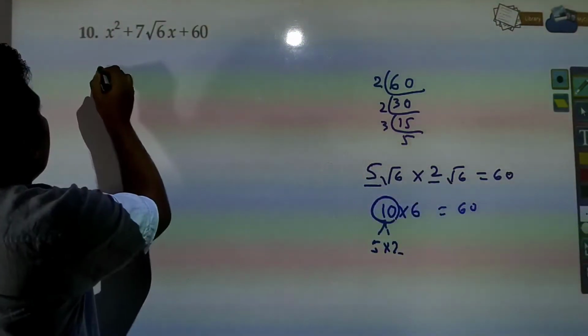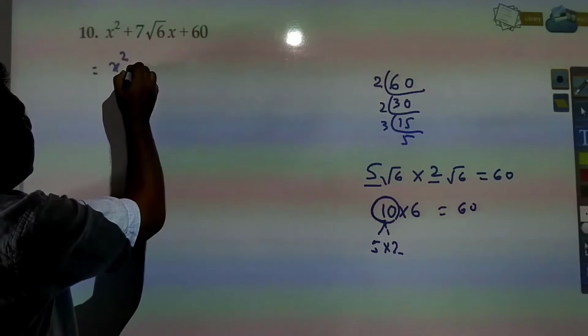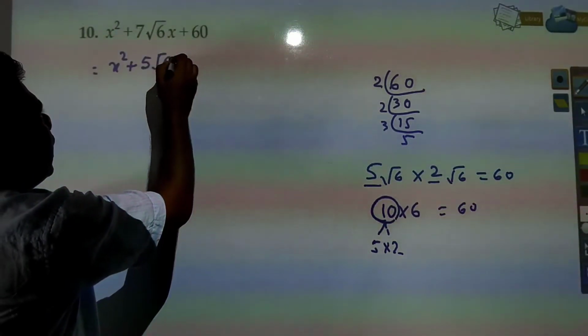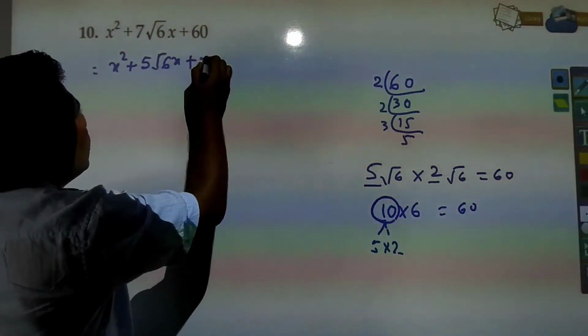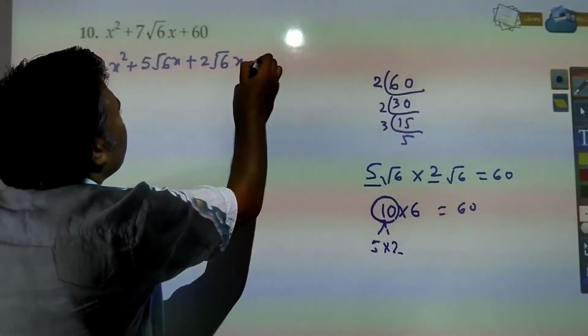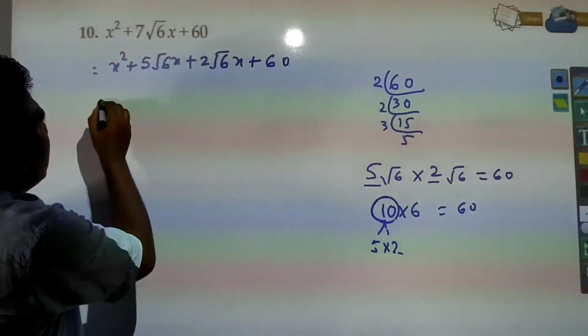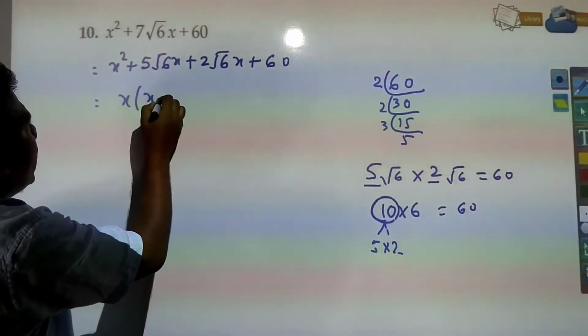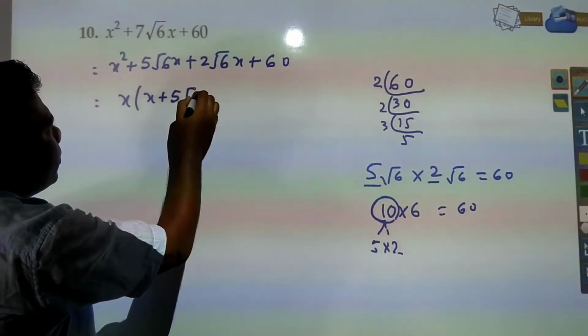So here we will write x square plus 5 root 6 x plus 2 root 6 x plus 60. Here you have common x and you will be left with x plus 5 root 6.